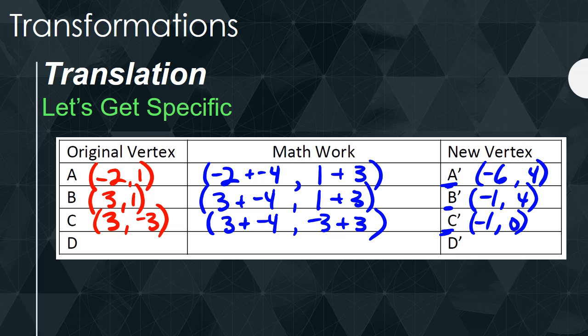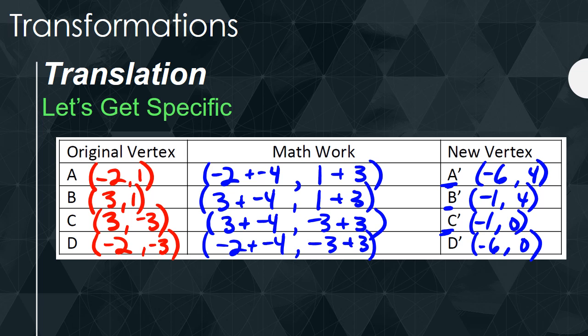Last but not least, let's do the vertex for point D. We have -2, -3. So we have -2 plus -4, which gives us our new x. Our new y is going to be -3 plus 3. So -2 plus -4 is -6, and our y point will be 0.